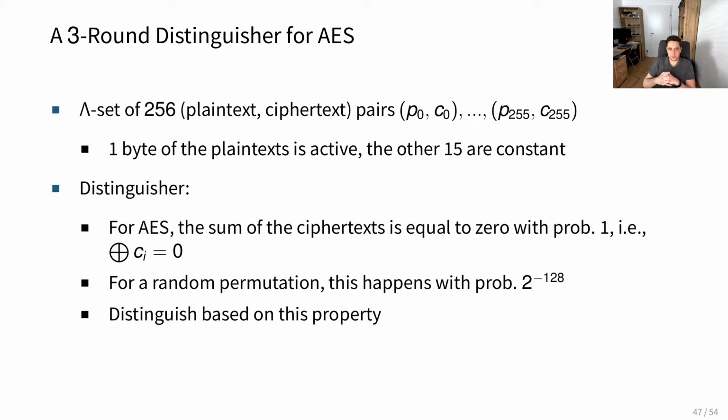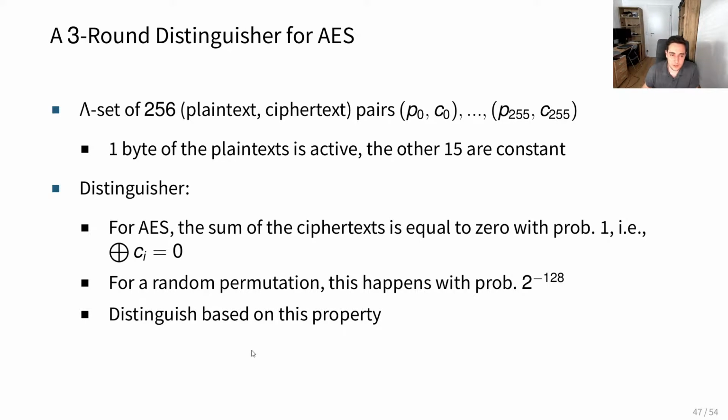If we use such a set of 256 plaintext-ciphertext pairs, we request the ciphertexts from the oracle. In the plaintexts, we have 1 byte active, taking each of the 256 values, and the other 15 are constant.